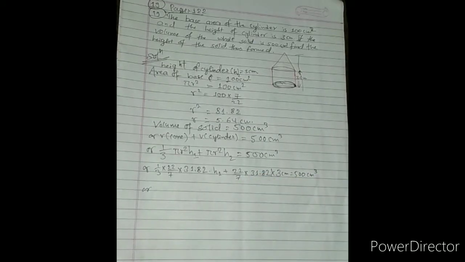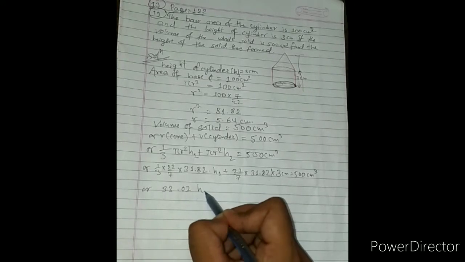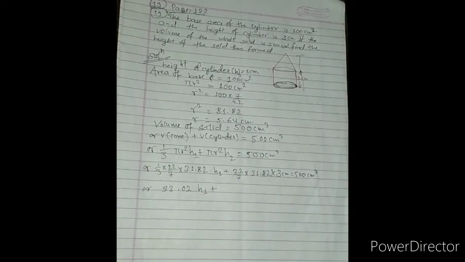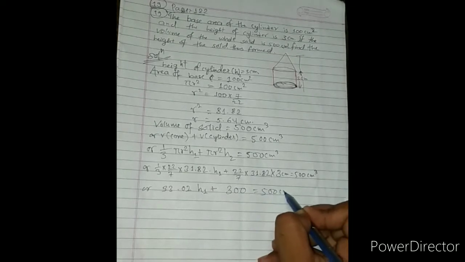Now let's find it. 22 into 31.82 divided by 21 gives 33.33 h1. Now 22 into 31.82 into 3 divided by 7 gives 300, equals 500 centimeter cube.